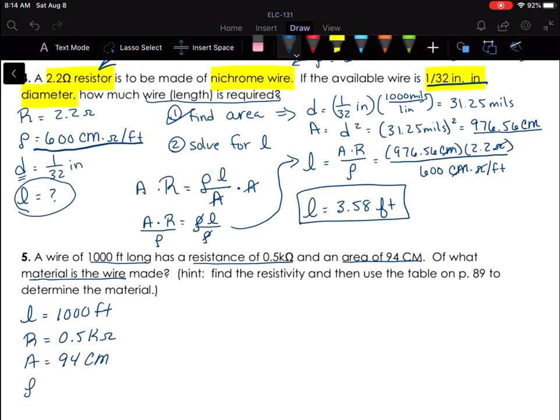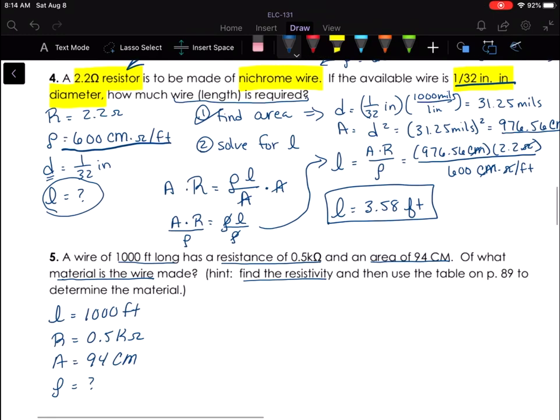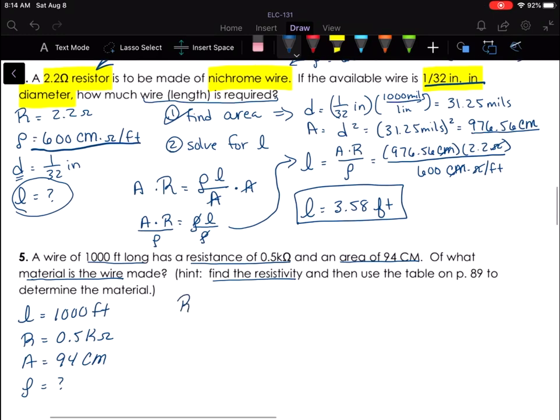Well, remember that's resistivity. That's where we put in the influence of that material. And I even gave you that hint here. So how would we solve for the resistivity in our equation? Well, let's use a little bit of algebra to do this again, and just keep working on those algebra skills if this is a little bit difficult for you.